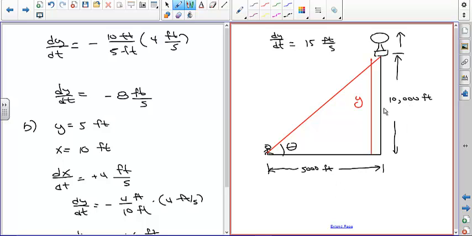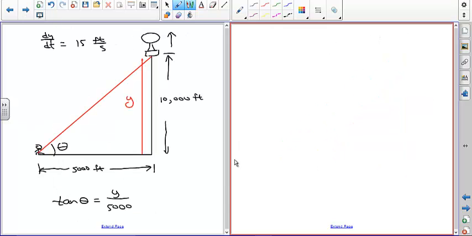Tangent. Yep. So the tangent of theta equals the opposite, which is y, divided by 5,000. This side doesn't change. This side is changing. So I don't put 10,000 in there. I'll only need that if somewhere in the problem statement I need it.